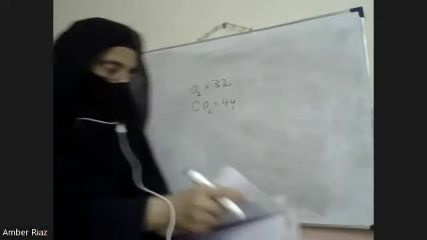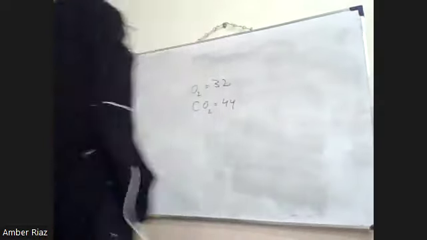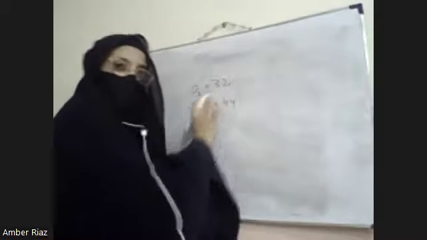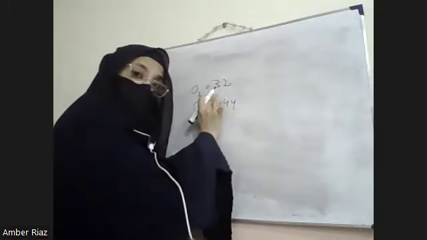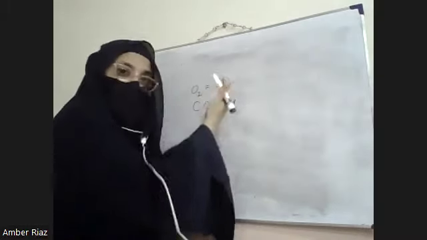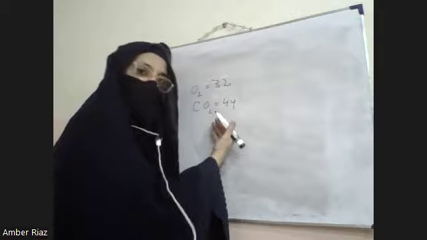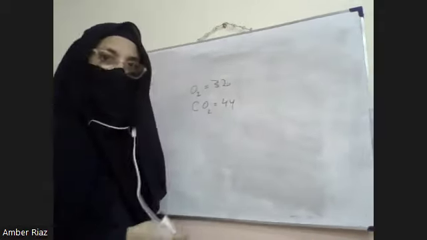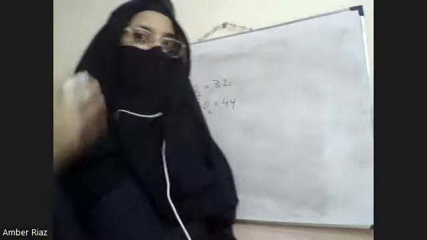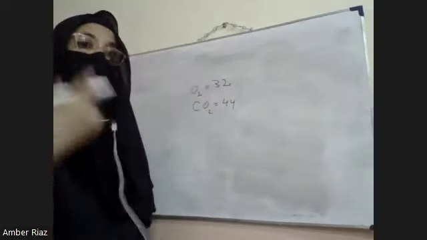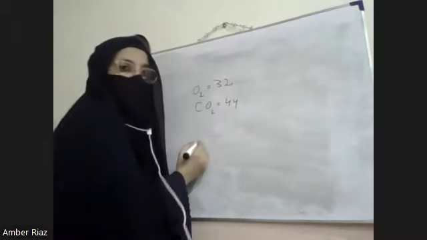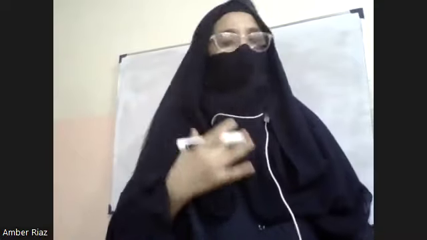So, which gas is lighter? Yes, oxygen is lighter than carbon dioxide because it has lower molecular weight, and carbon dioxide has higher molecular weight as compared to oxygen. So which gas will diffuse faster, lighter or heavier? Yes, lighter. Oxygen will diffuse faster as compared to carbon dioxide. Okay.